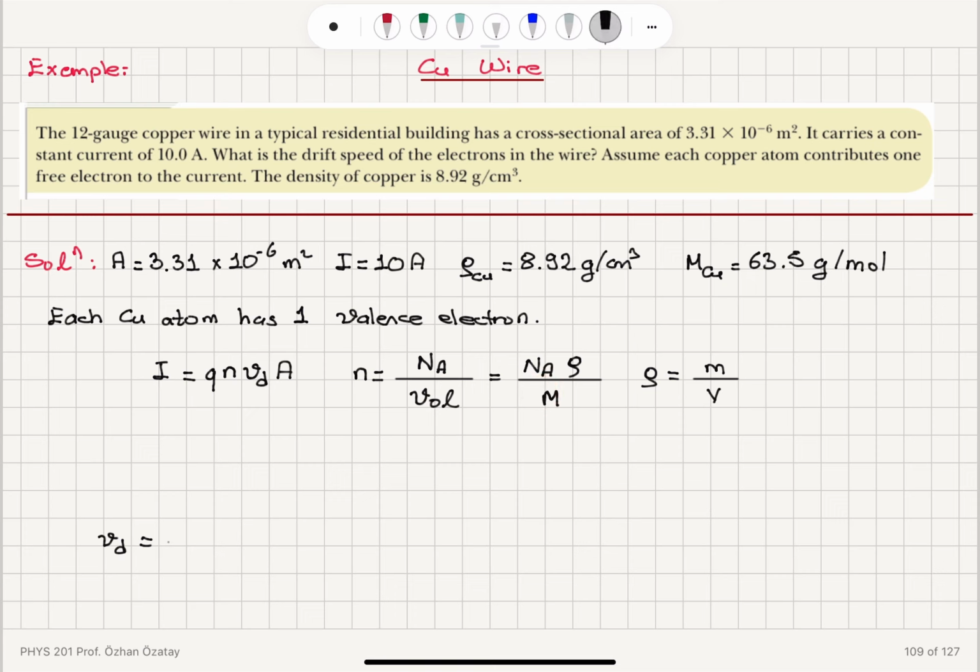Okay, so I can calculate the electron density here, N, by plugging in the numbers.